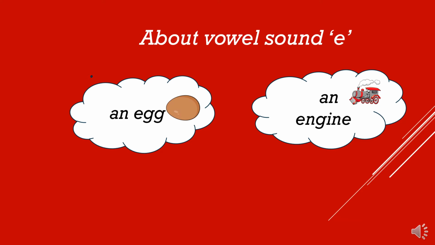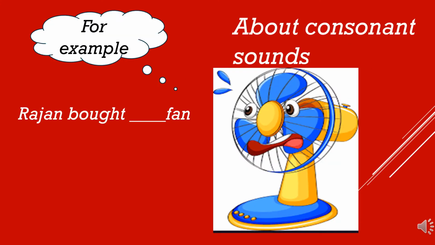So I hope all of you have understood the sounds of all the vowel letters A, E, I, O, U. Now I am going to explain about consonant sounds with some examples. You can see on the screen your first example.